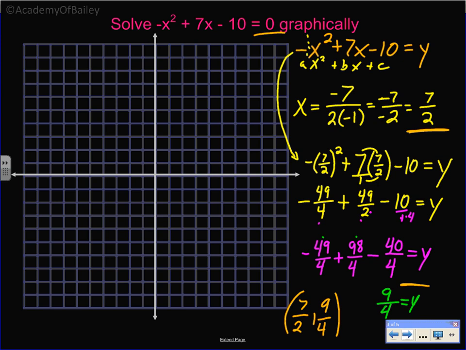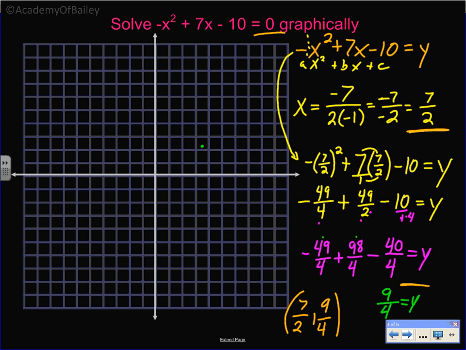So we're going to go ahead and graph that. We go over to 3.5. And now 9/4 is 2.25. So that means we go up 2 1/4, something like that. And so that's our vertex, that green dot that I have there. Right there. We have a vertex now.